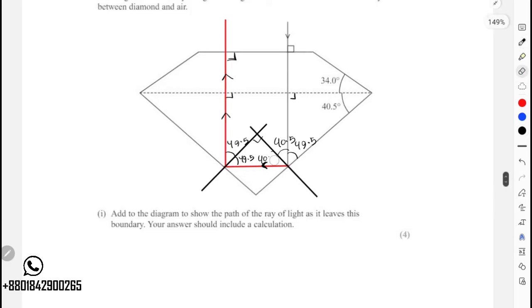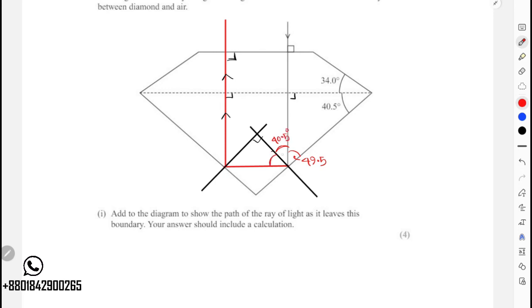Okay, if it's not clear, I will actually write it down in a much clearer diagram. This one is 49.5. I calculated that by subtracting 90 and this one from 180, and then again this part is 90 degrees total. 90 minus 49.5 is again 40.5 degrees.